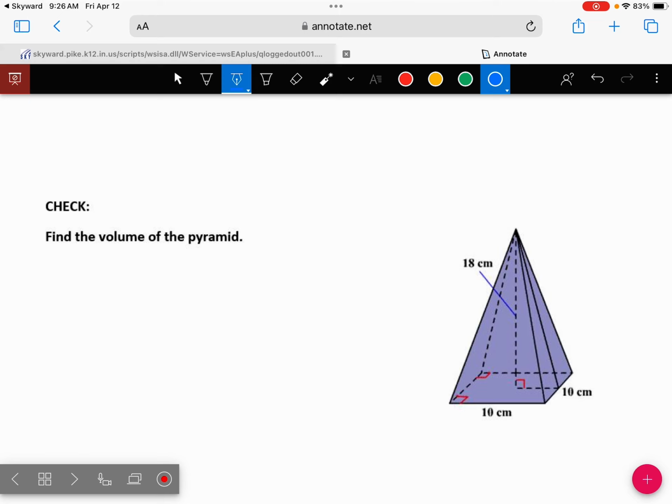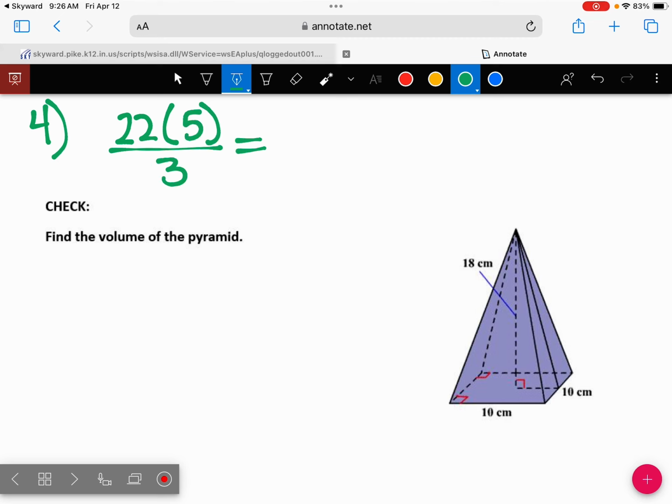Do you notice how it already gave you the capital B and the H for example 4? So I'm going to write it in. So for example 4, which I don't have the picture up here, you're just going to take those 2 numbers, so 22 times the height, which is 5, and divide that by 3. So go ahead and do number 4, even though I didn't put the picture in there. They gave us the area of the base is 22 centimeters squared.